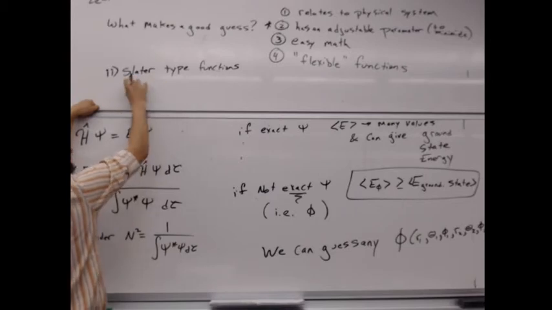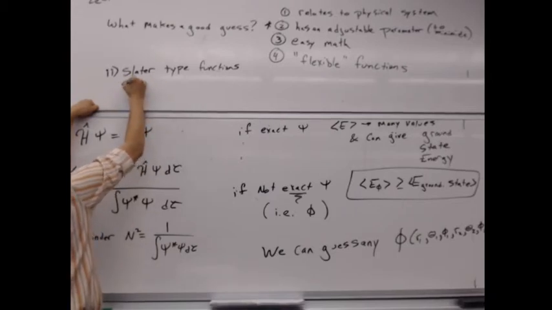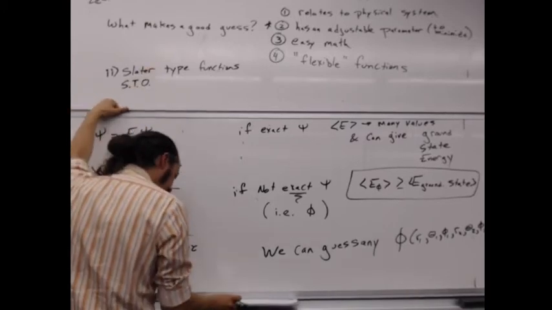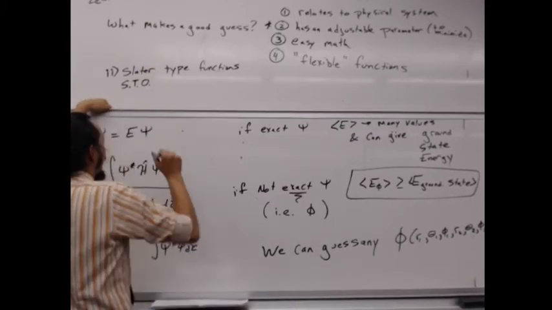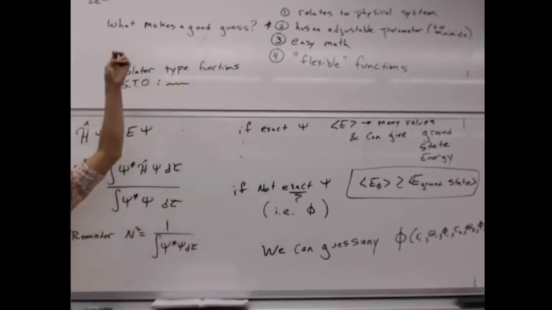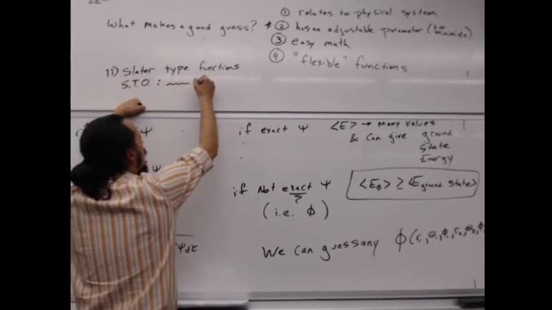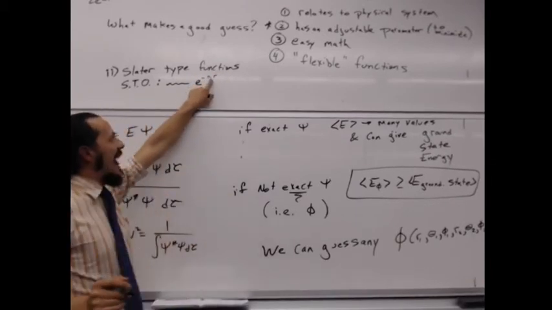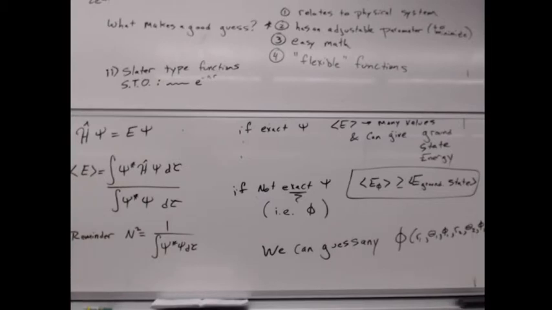We call these Slater type orbitals, often abbreviated STO. And they usually have some amount of junk, some polynomials, some other functions. And the big part that they have is an e to the minus AR, where that a in the exponent is going to be one of your parameters that can vary.